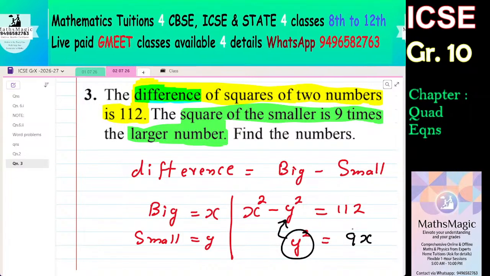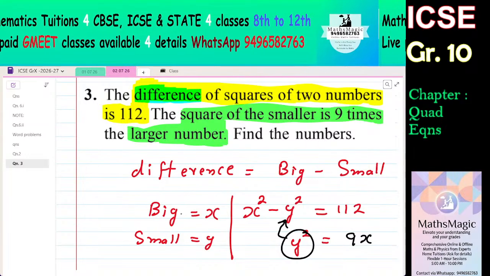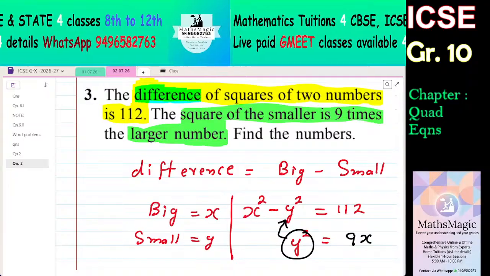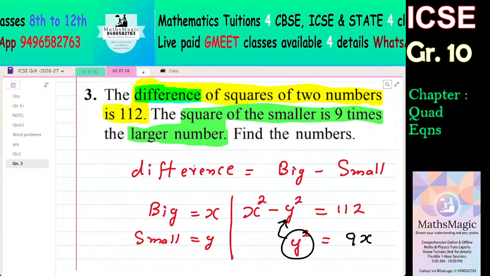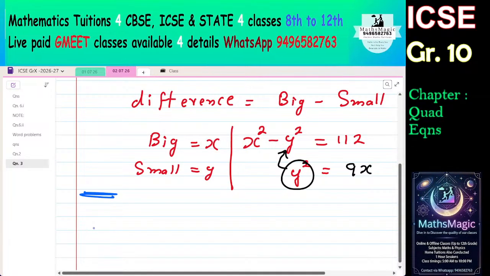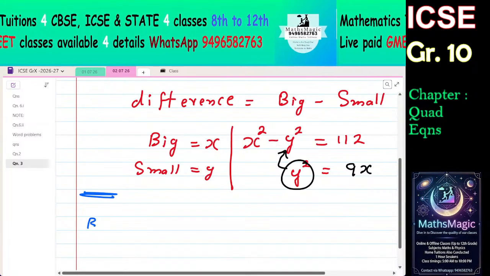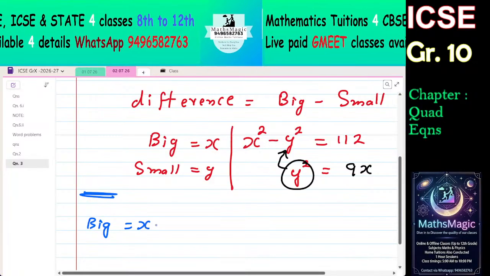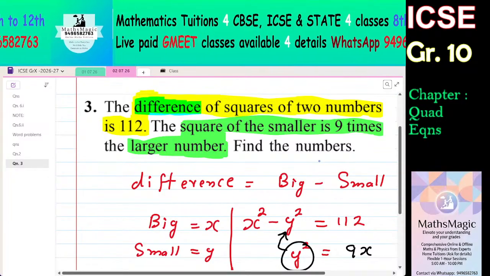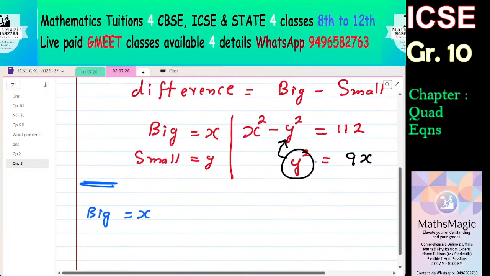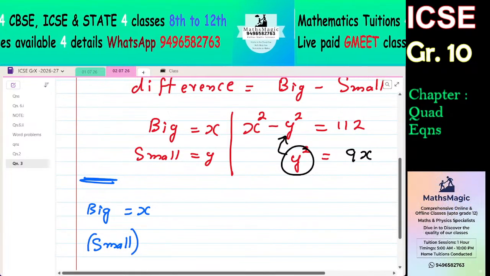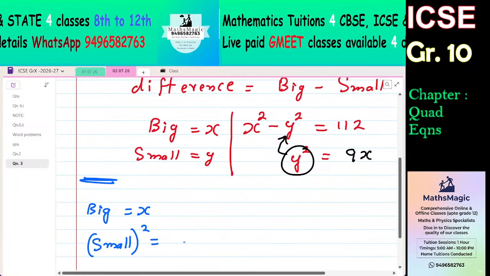And if you are using only one variable, you just need to think: the square of the smaller is 9 times the larger. So if you start with big as x, you can simply write small number square equals 9 times larger.